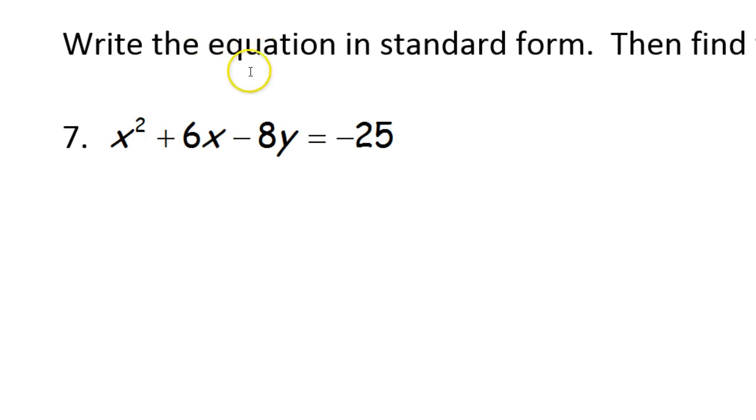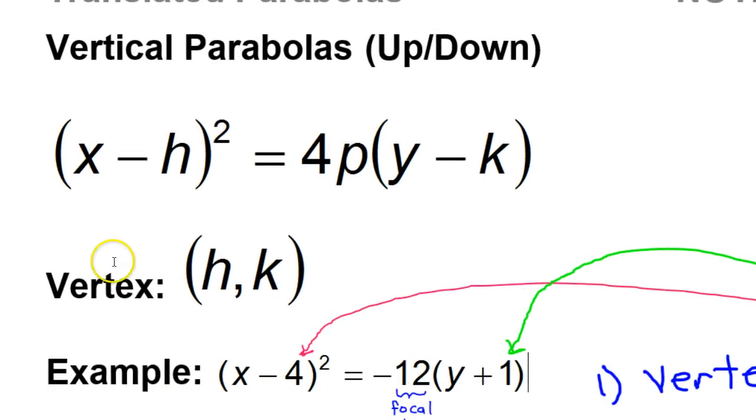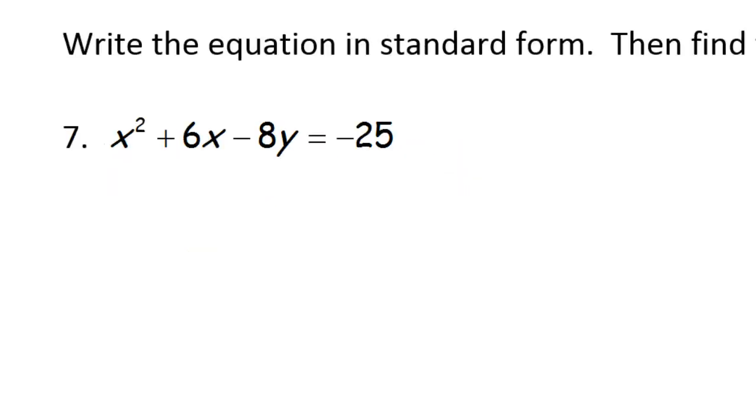So the first thing you should do is pay attention to which variable is squared. See how I have x squared? That tells me that I'm going to be shooting for this version of the equation, where the x is squared, which means I need all the y terms to be on the right-hand side of the equation.